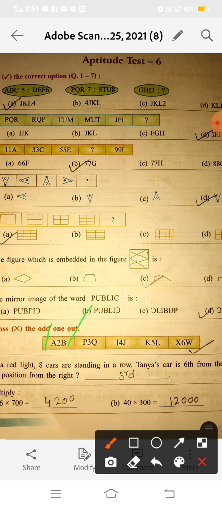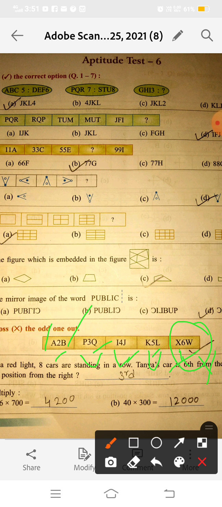The letters are in ascending order: A B, then P Q, I J, K L, X Y. Here it should have been X Y, but here it is X W. The numbers 2, 3, 4, 5, 6 are also in ascending order, but in the last box the letters are not arranged in ascending order.